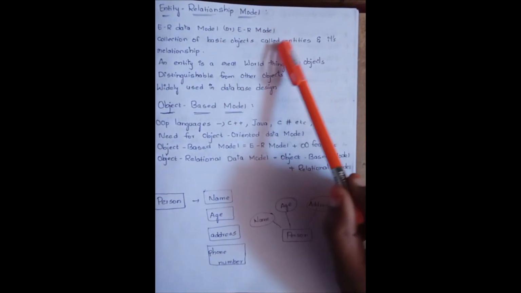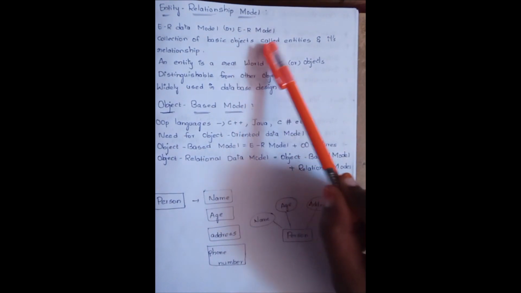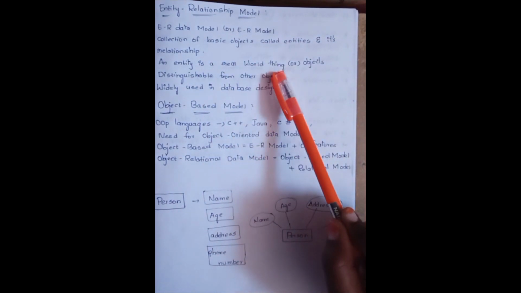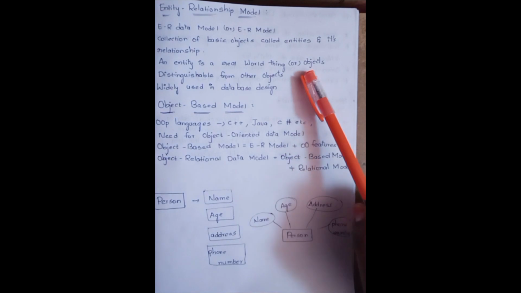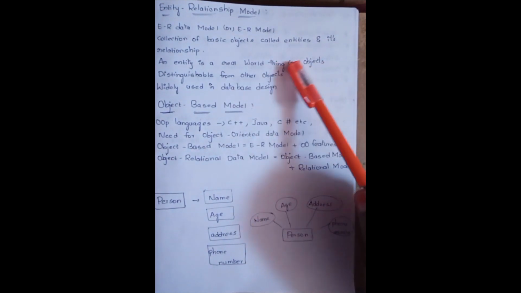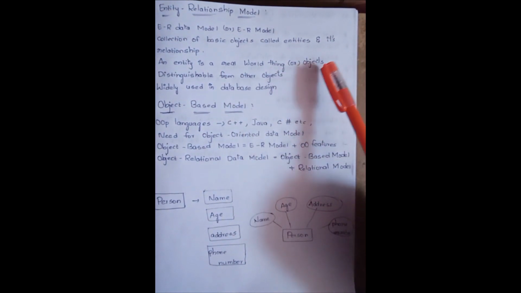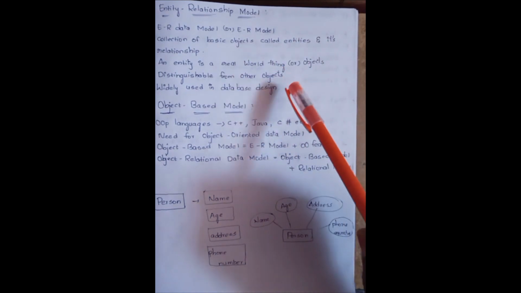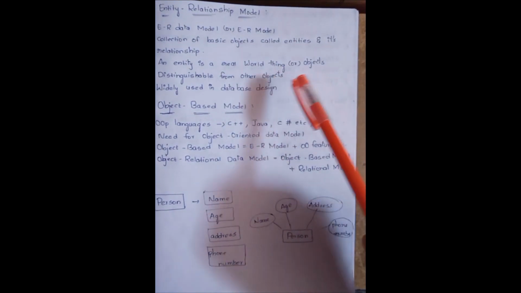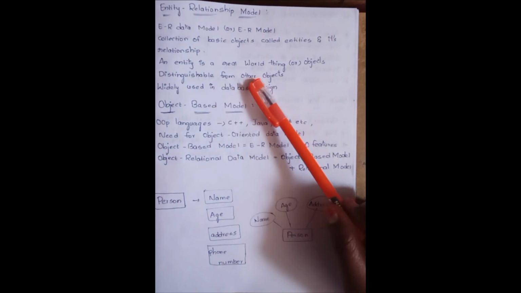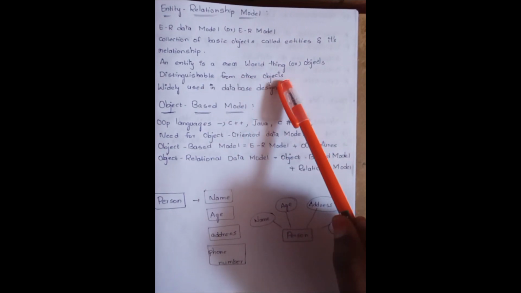These objects are real world entities or real world things, right? So we can say an entity is a real world thing or object, and obviously each entity or object is distinguished from other objects.